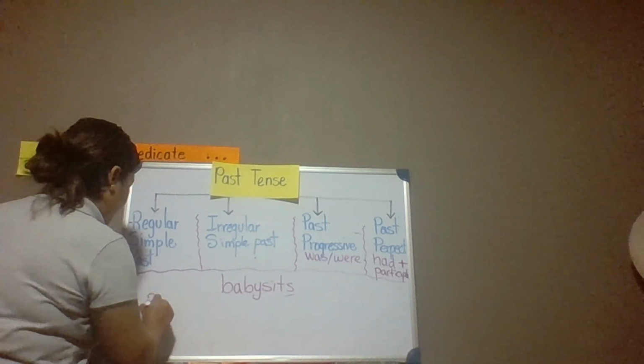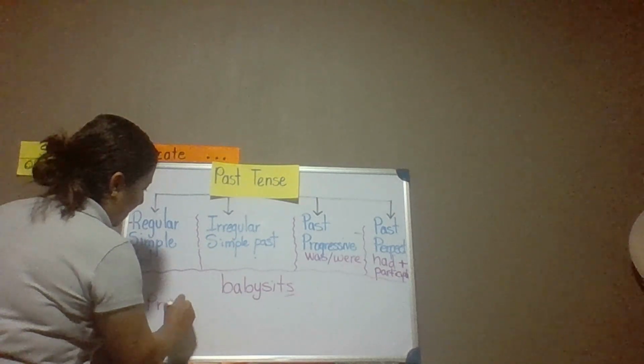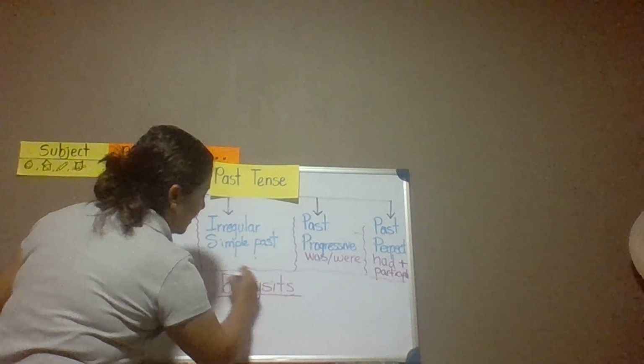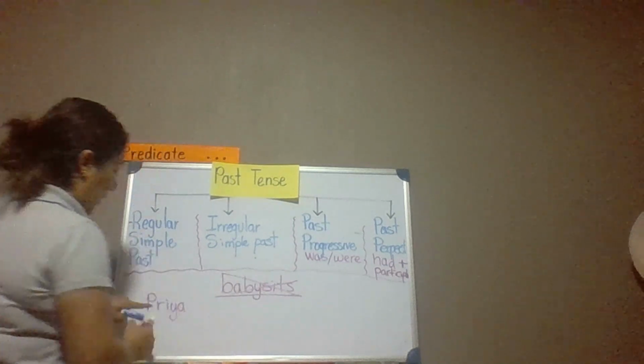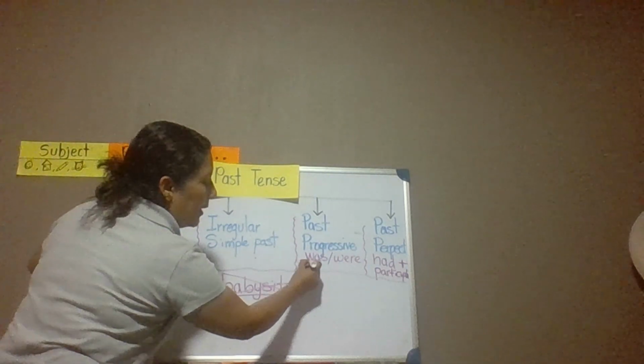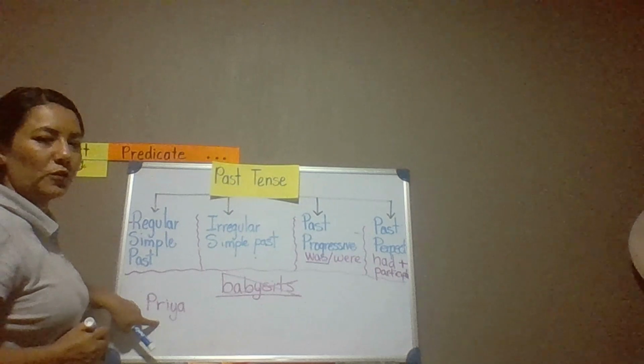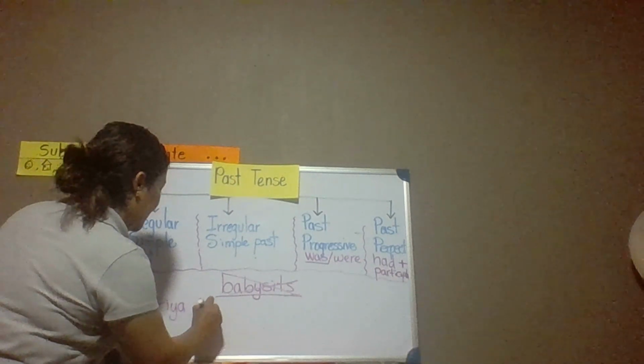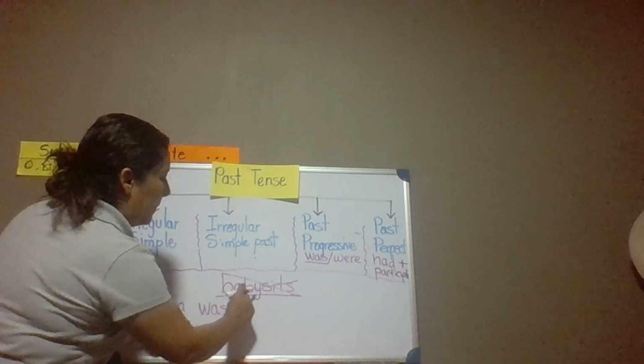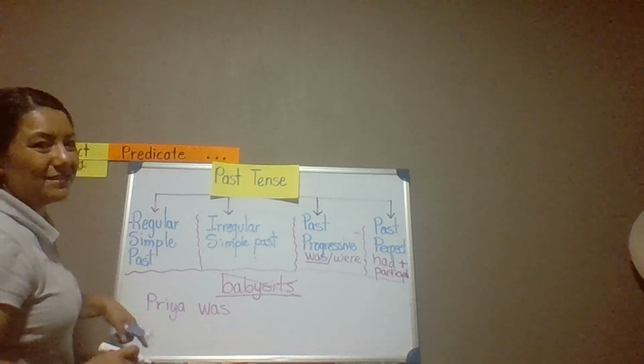So we're going to say, Priya babysits is present. No, thank you. This is singular, so what form of to be are we using? Was. Babysits, that's the verb.